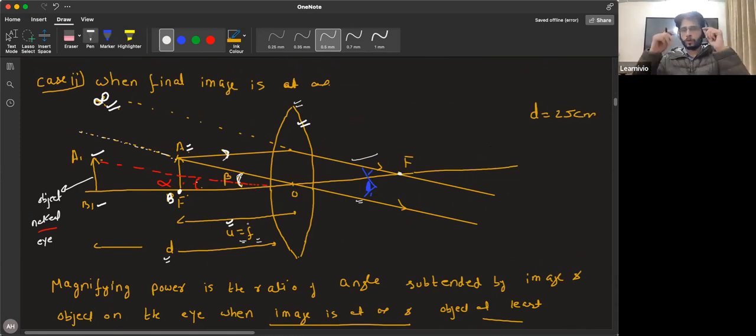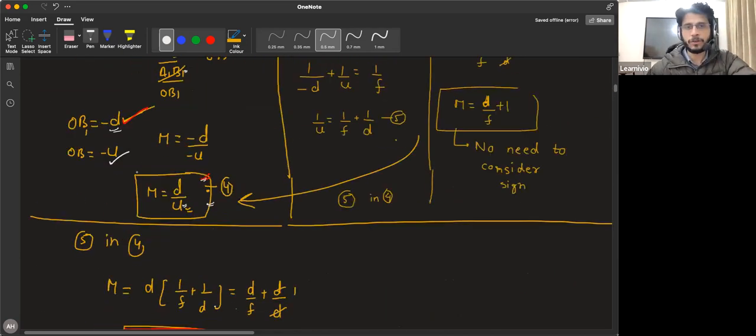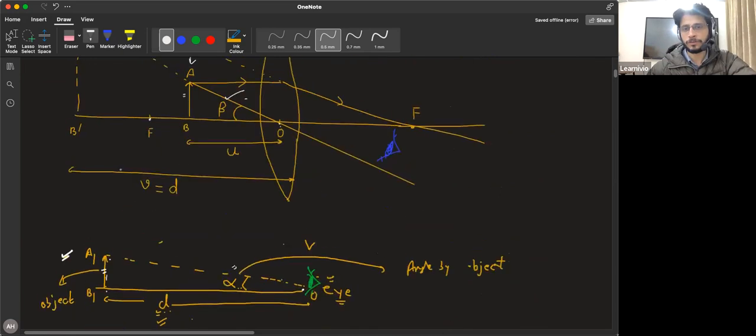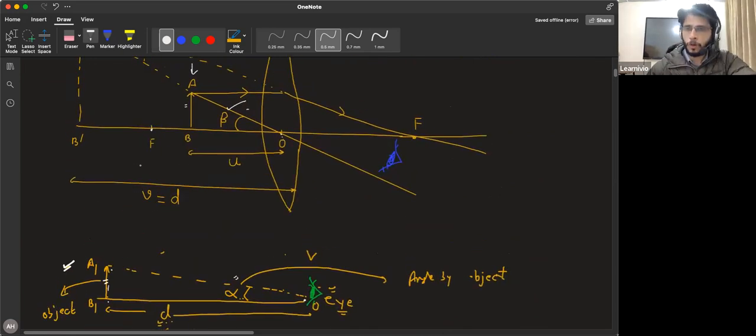Now, you remove the lens and you place your object at a distance d. So this A1, B1 is your object with the naked eye. So in the previous case, I drew these two things separately, so that there is no confusion. From now onwards, I'm following all authors. What all authors do, they don't draw this thing separately. They draw this on the same axis.